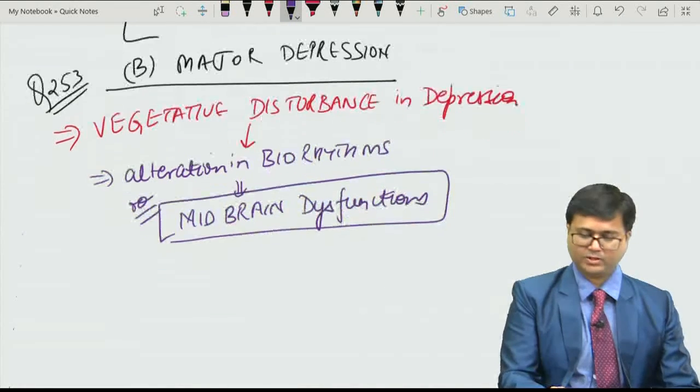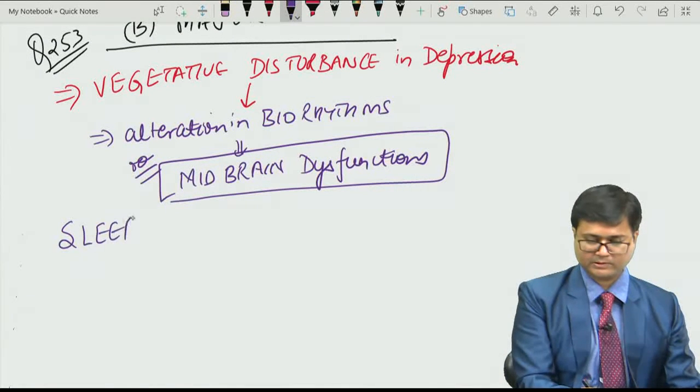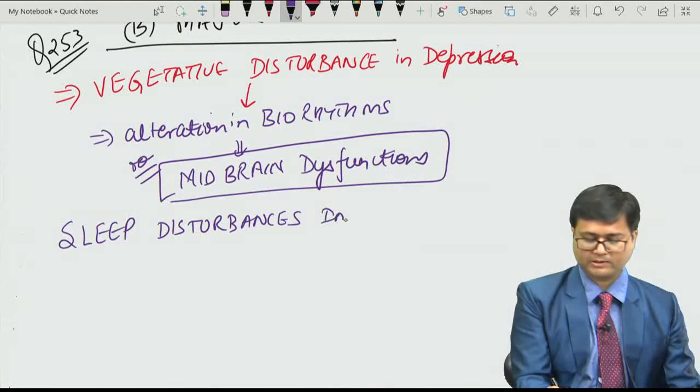Important. Now, let us discuss some of the sleep disturbances which are seen in depression.